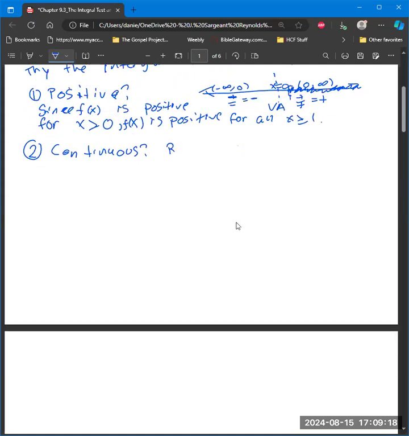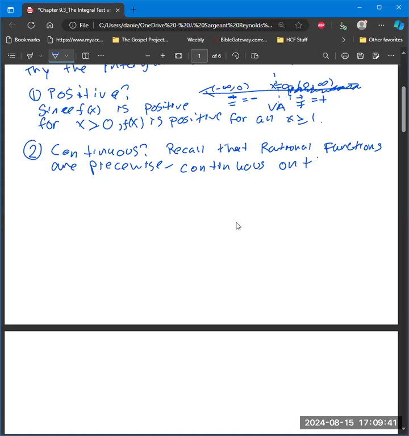Recall that rational functions are piecewise continuous on their domain.